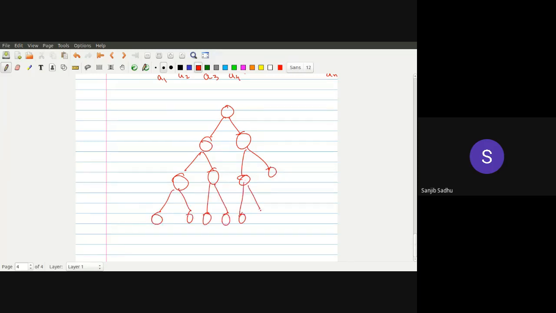Here you check just like this. It can be extended more, but I am drawing it here.